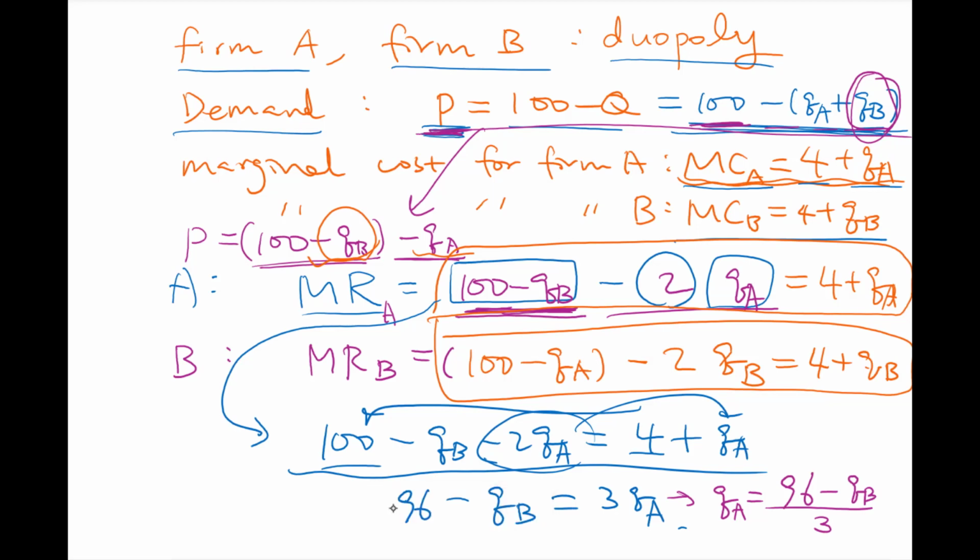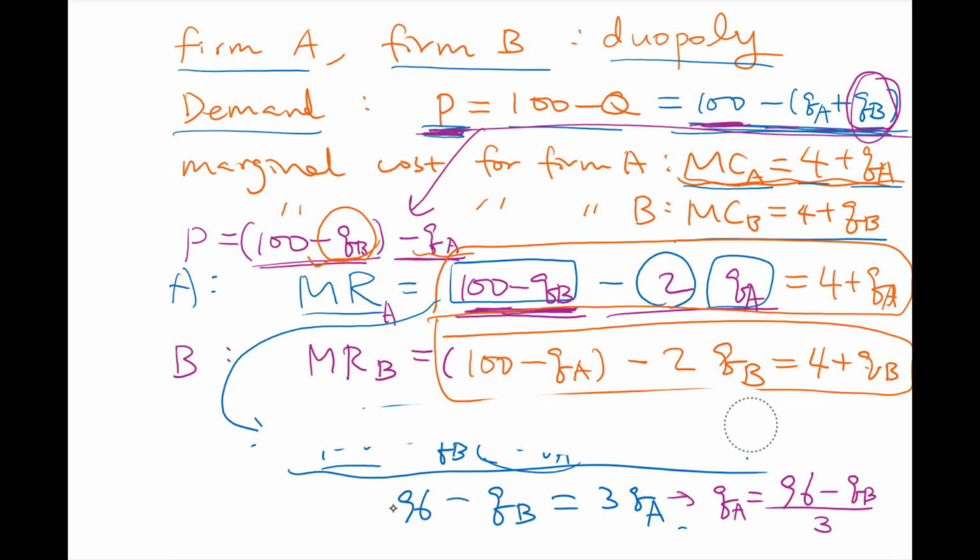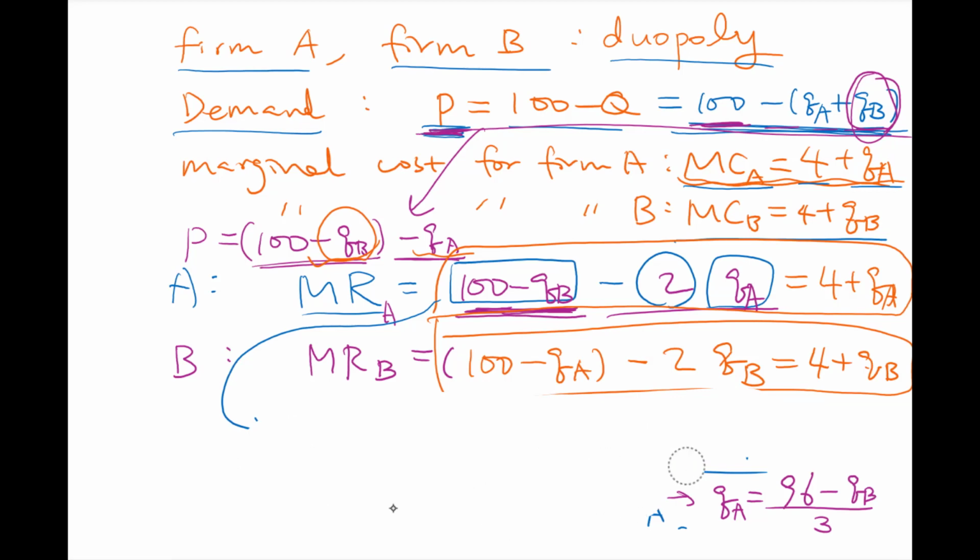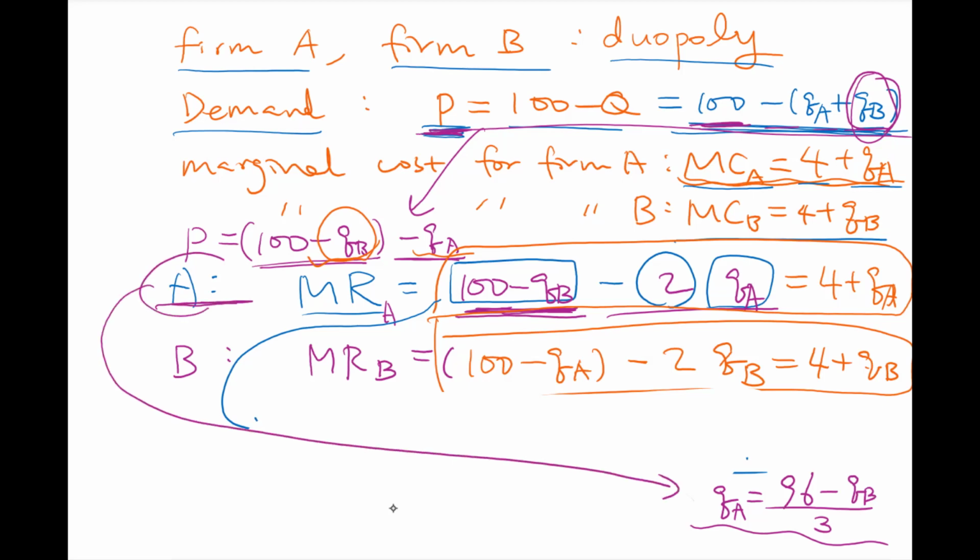Let me delete this one. So we rearranged the profit maximizing decision for company A as this equation, saying that when company A tries to maximize its profit, its quantity of output should follow this expression.